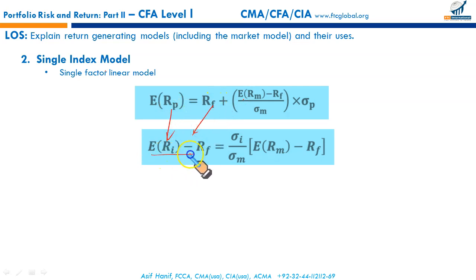RF to the other side will give you the excess return, which is equal to the volatility of the return on the asset upon the volatility of the market portfolio, and the rest is the same numerator. And this right here is what you call the factor weight or loading, and it shows the ratio of the security risk to the market risk.